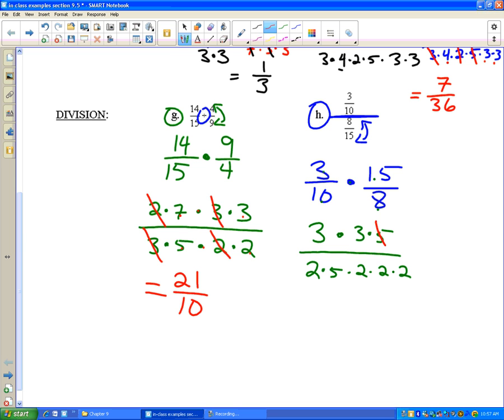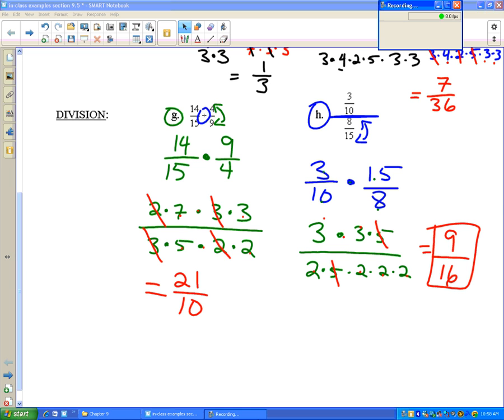I can cancel out 5 and 5, and that's it. Nothing else cancels out, so I am going to end up with 3 times 3, which is 9, and 2 times 2 times 2 times 2, which is 16. And that's my final answer.